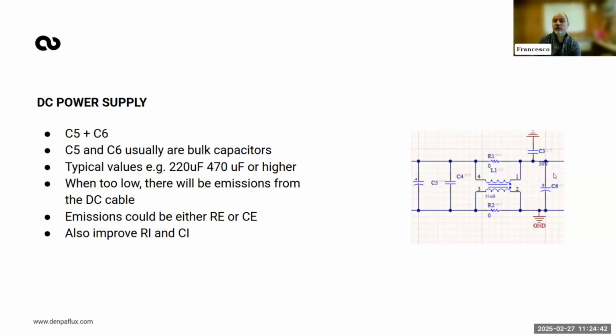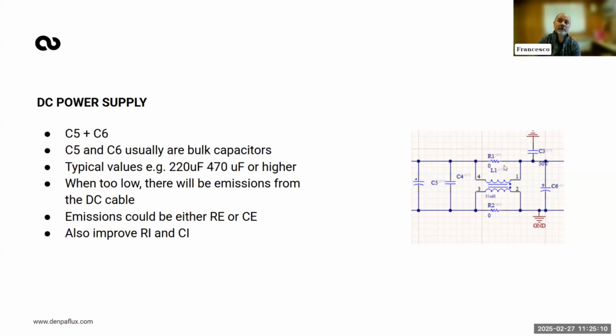Then another thing I do is add a common mode choke. For the common mode choke L1, you can see in this template I've got a 0 ohm resistor in parallel to the common mode choke. In reality, you hope you don't need it, and you fit the 0 ohm resistor during the EMC test.